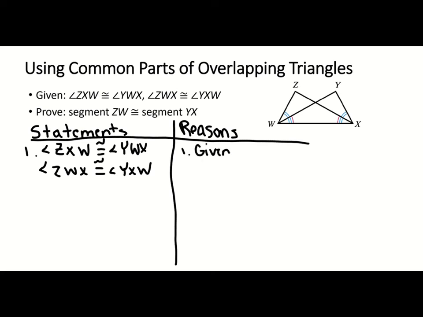Now, what we need to do here, the best thing to do, is we kind of need to separate these two triangles. We need to figure out what two triangles we are proving congruent. And so it looks like ZXW is right here, and YWX is here, YXW is right there, and then ZWX is this big angle, so I'm going to shade them two different colors.